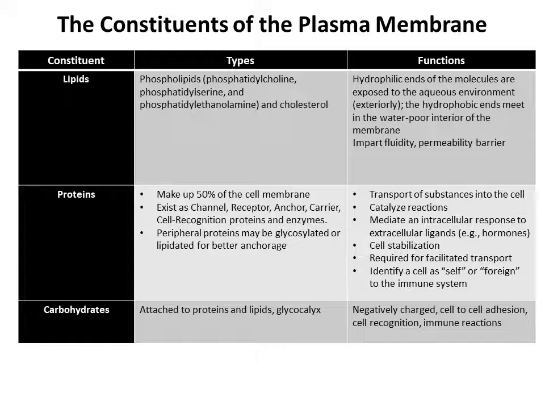Integral proteins are those which span at least one leaflet of the lipid bilayer. And peripheral proteins are not exactly embedded in the lipid bilayer, but they are attached to it through these lipidated or glycosylated ends.